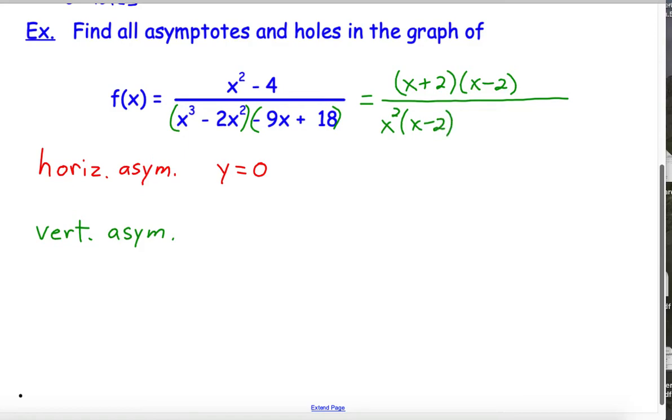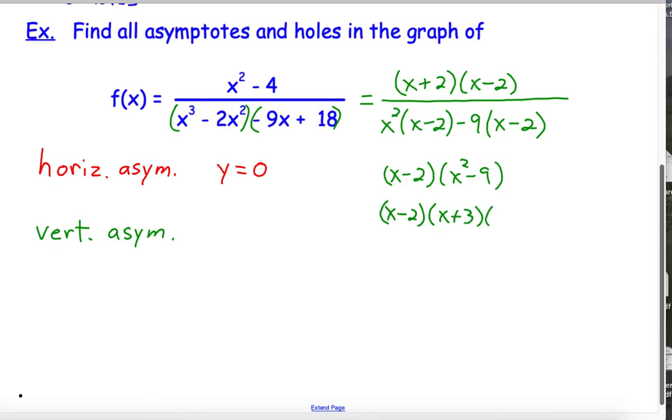And then in the second one, I'm going to factor out a negative 9, and I'm left with x minus 2. Now I can further factor this. I have an x minus 2 in both of those, and then I have an x squared minus 9. And then the x squared minus 9 I can further factor to be x plus 3, x minus 3.